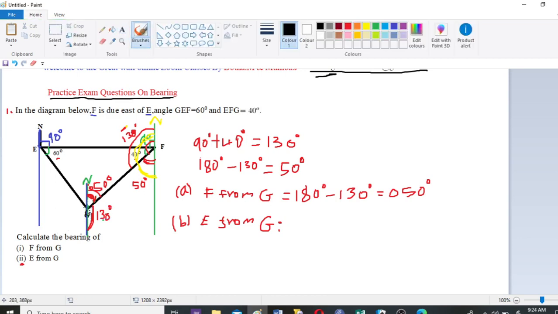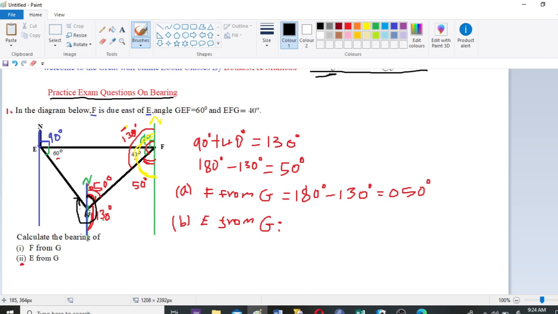So at G, when we draw a north pole, which we have already drawn, it's here, right? From G, my north pole is my starting point. So I'll start from G, going straight until I reach the path stretching from G to E. So this is the bearing I am looking for.